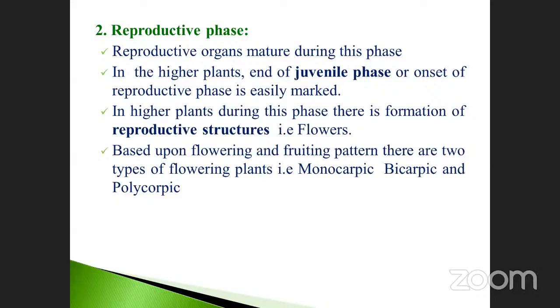Androecium and gynoecium, sir. Okay, suppose if both are present, that is called which type of flower? So hermaphrodite. No, I'm asking whether it is an incomplete or complete flower. So if both are present, sir, that is called bisexual, you are telling, isn't it? I am asking which type of flower, whether complete flower or incomplete flower.